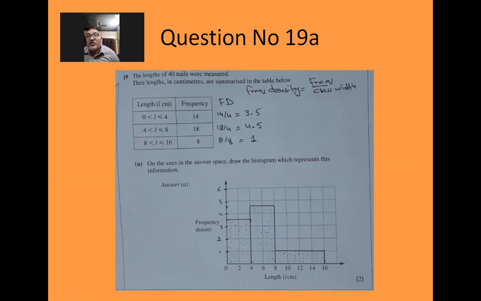And from 4 to 8, its frequency density is 4.5. So you can see here I have drawn 4.5. And the last class is from 8 to 16, and its frequency density is 1. So we have drawn that. So this is how you will draw your histogram with the help of the frequency density.